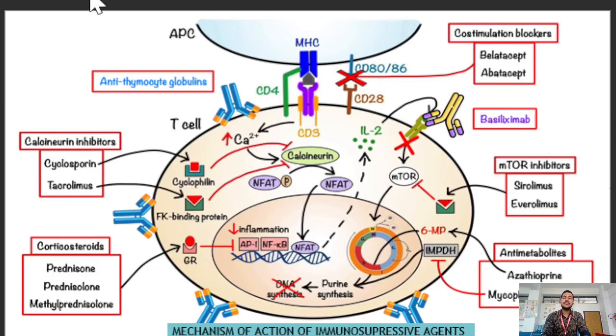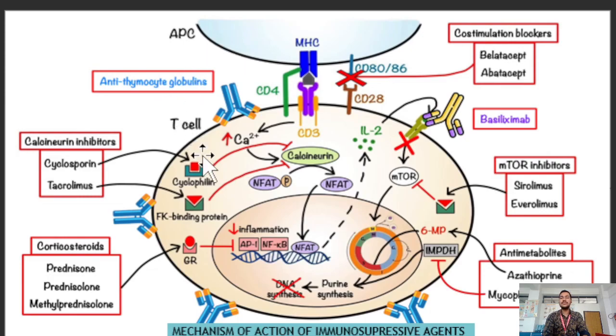And the last one is called anti-thymocyte globulin. This one is a polyclonal antibody. What happens when we take this polyclonal antibody? It will attach to the T cell in all parts, and then this T cell will be engulfed by other phagocytic cells.